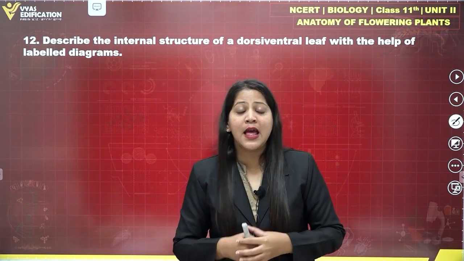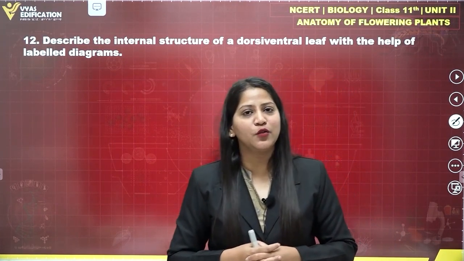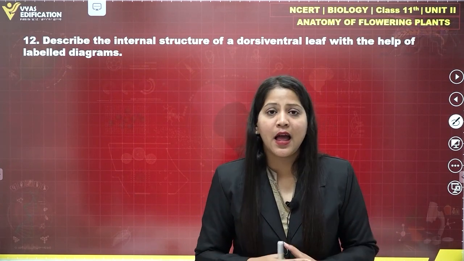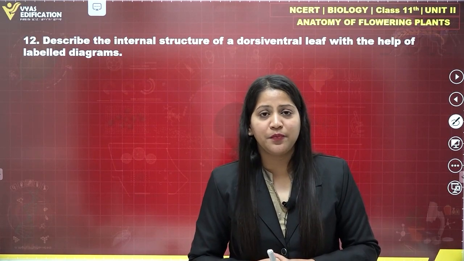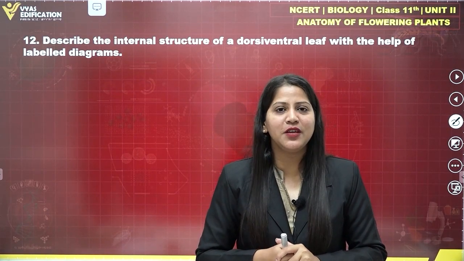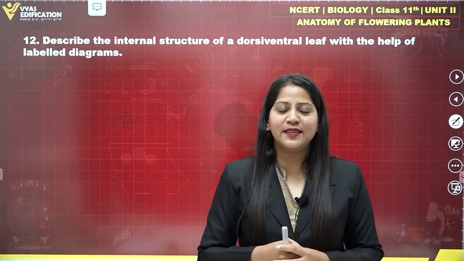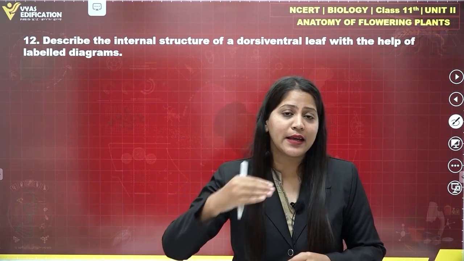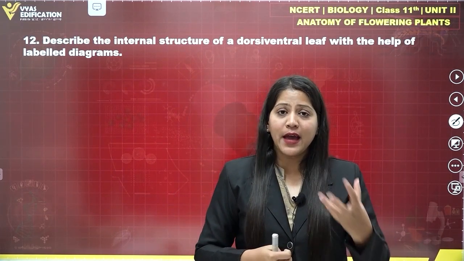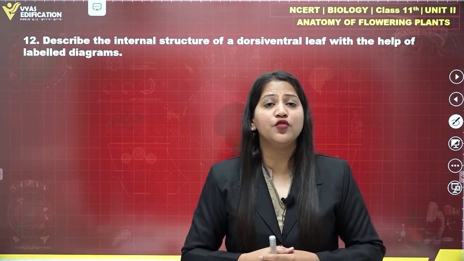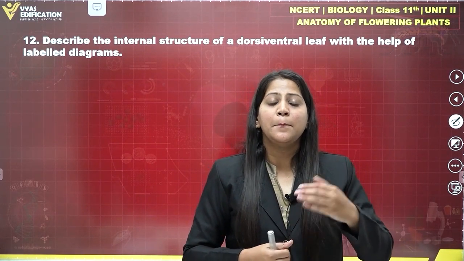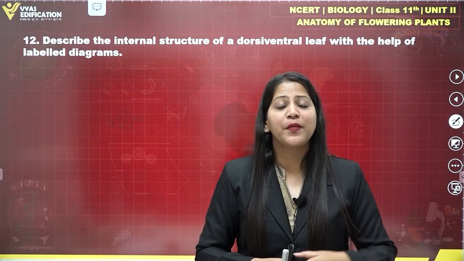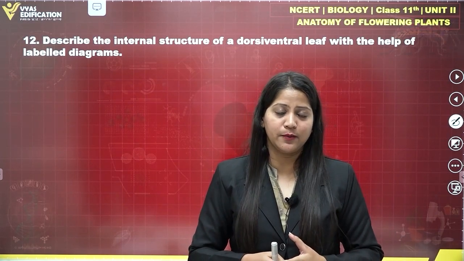This is about epidermis. Let's move on to the next part, that is mesophyll. Now these dorsiventral leaves have mesophyll cells, and these mesophyll cells are of two types, that is palisade mesophyll and spongy mesophyll cells. The palisade mesophyll layer is present below the adaxial epidermis, and we have another type of mesophyll cells, that is spongy mesophyll cells, which are present below the palisade mesophyll cells and above the abaxial epidermis layer.